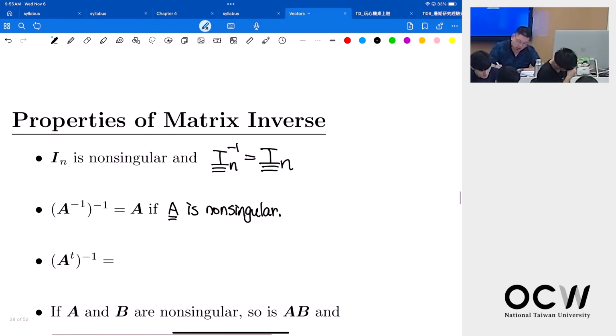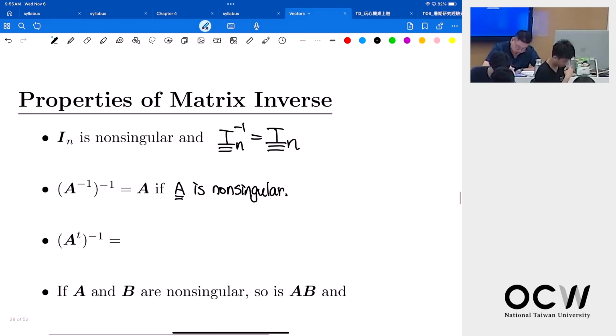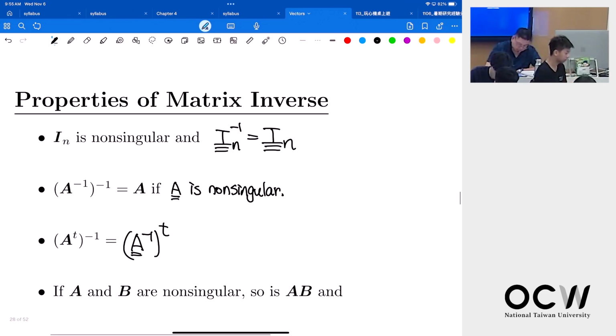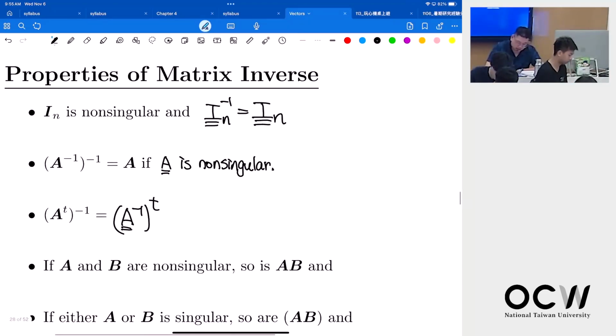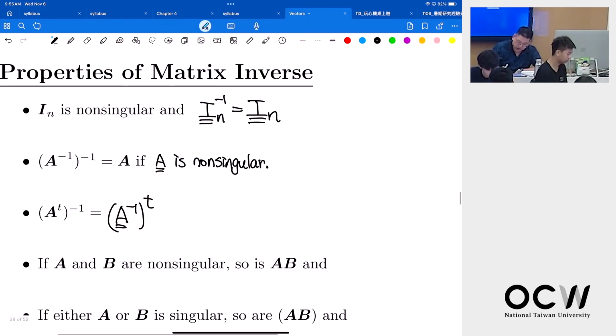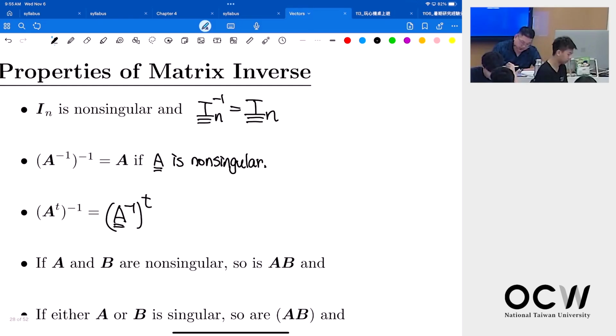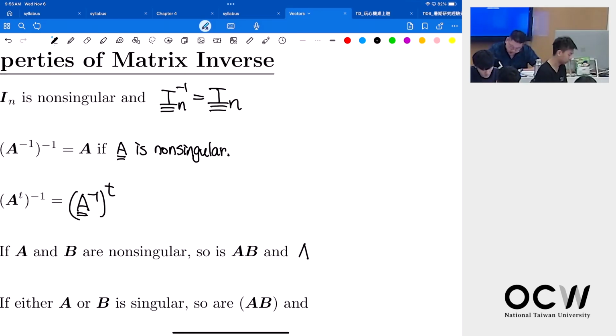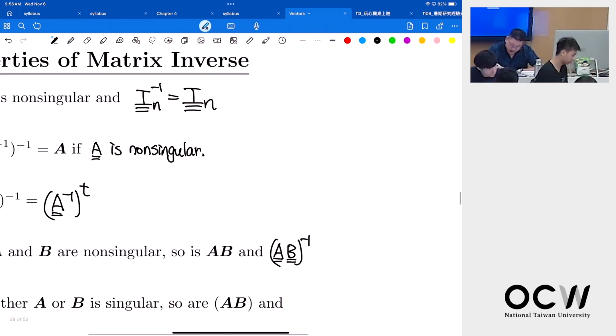And how about if I do the transpose and the inverse? I can also switch the order. I can have the inverse first and do the transpose. If A and B are non-singular, then A times B is also non-singular. And the inverse of A times B will be B inverse times A inverse.